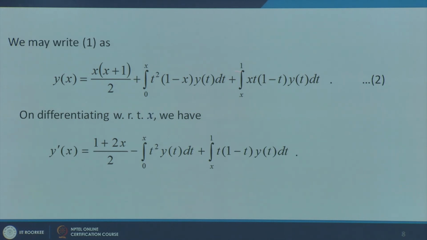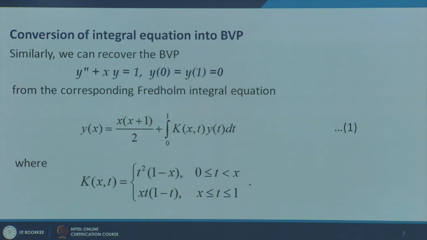So, y 0 equal to 0 we get from this integral equation. When we put x equal to 1, this is 0, and this is also 0 because the integration limits are 1, 1. So, at x equal to 1, we get y 1 equal to 1.